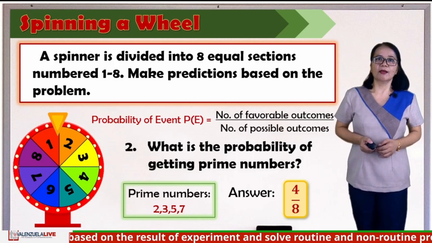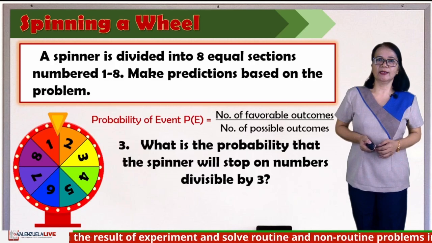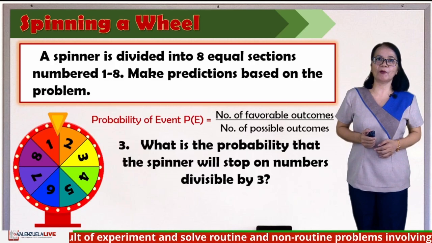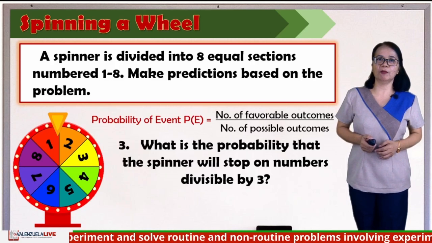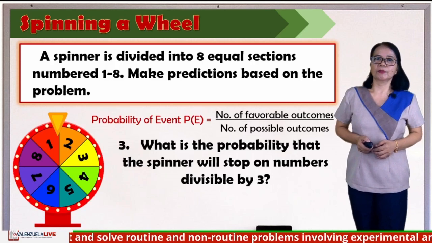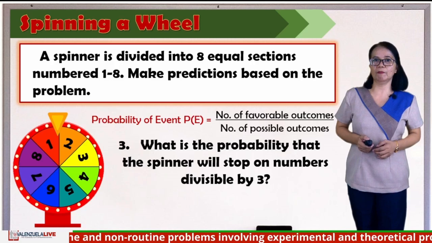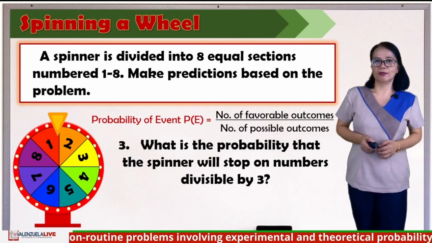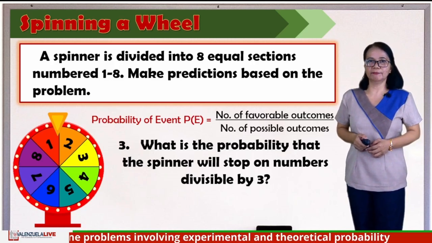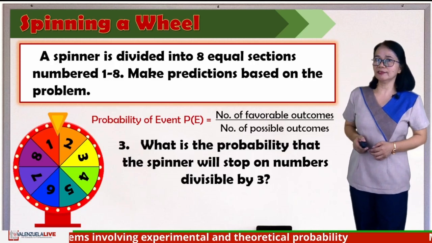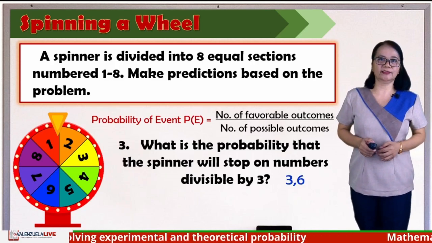Plus, what is the probability that the spinner will stop on numbers divisible by 3? We need to identify the numbers that are divisible by 3. What are these numbers? Yes, they are 3 and 6.